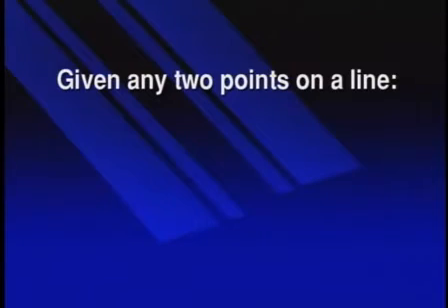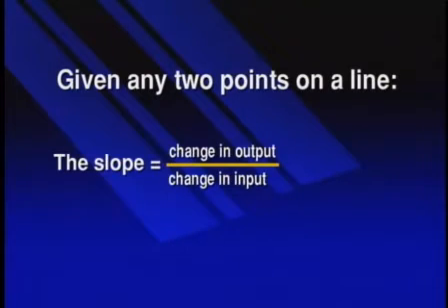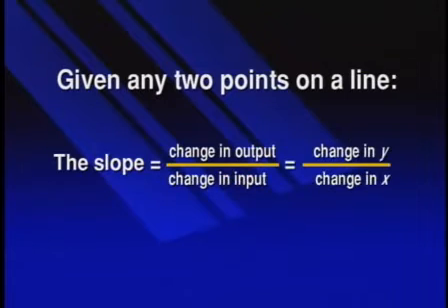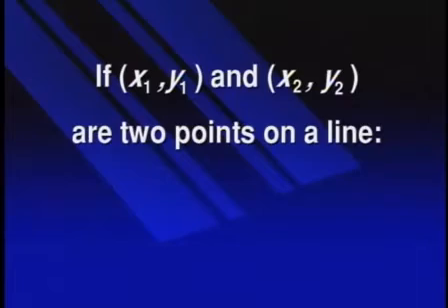In order to do that, we take any 2 points of the line, and the slope equals the ratio of that change in the output value divided by the change in the input value, which is the same thing as the change in y over the change in x. For this reason, we call slope also, equivalently, rate of change, because it's the ratio of 2 quantities that are changing.